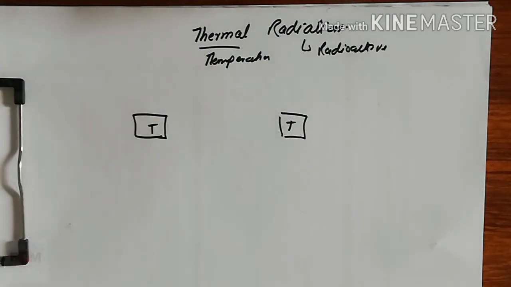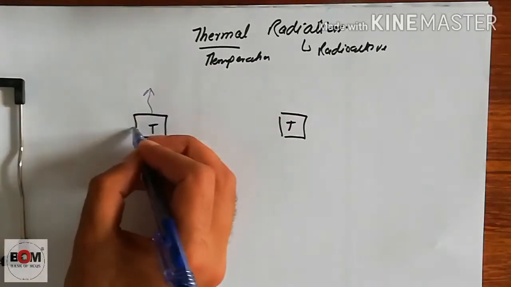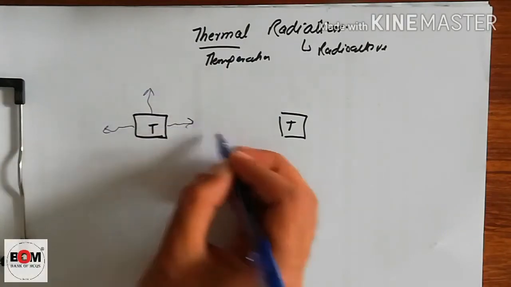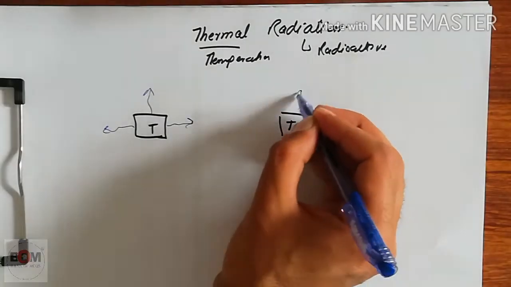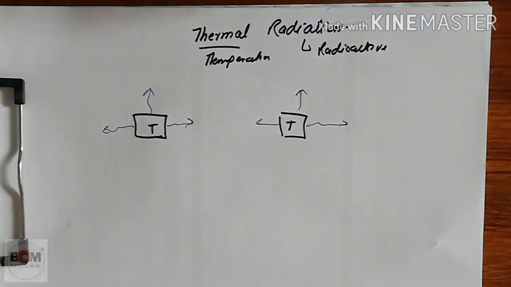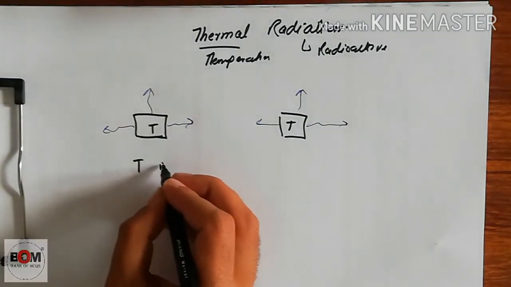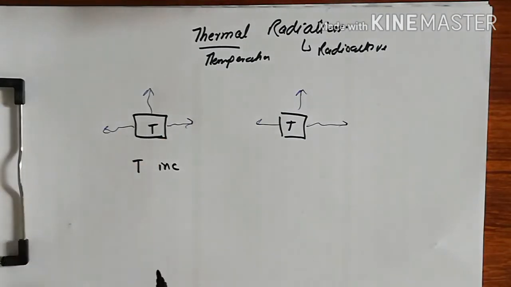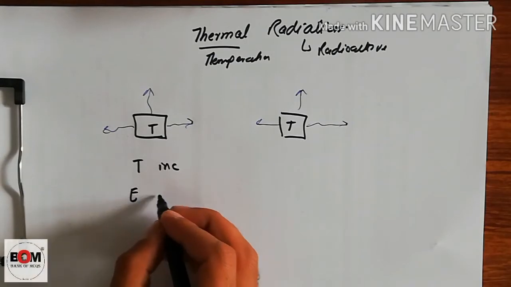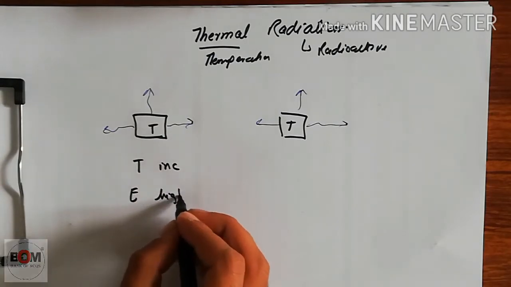Now the radiation energy, radiation wavelength and radiation frequency will depend on the temperature. So if the temperature of the body is greater, the waves released will be of high energy.